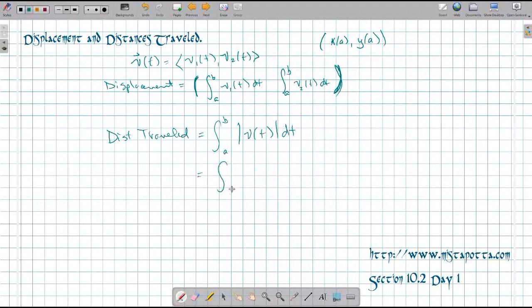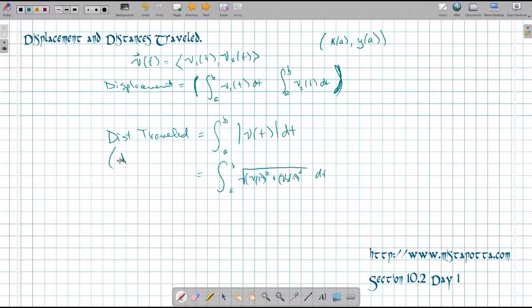Now, if that looks familiar, it really should, because this v1 that I'm squaring and this v2 that I'm squaring, those really are the derivatives that we were talking about when we were doing arc length.